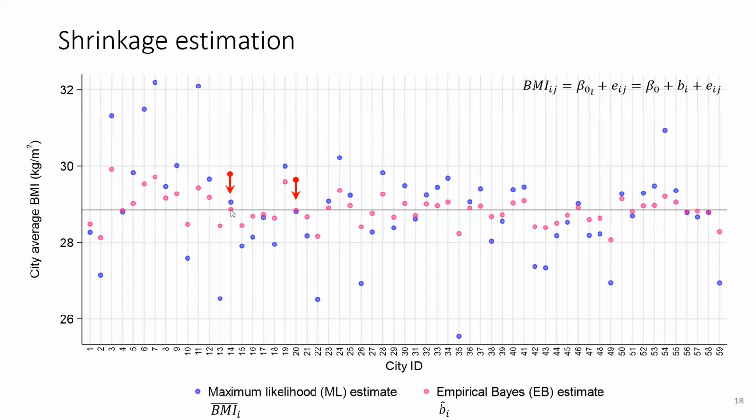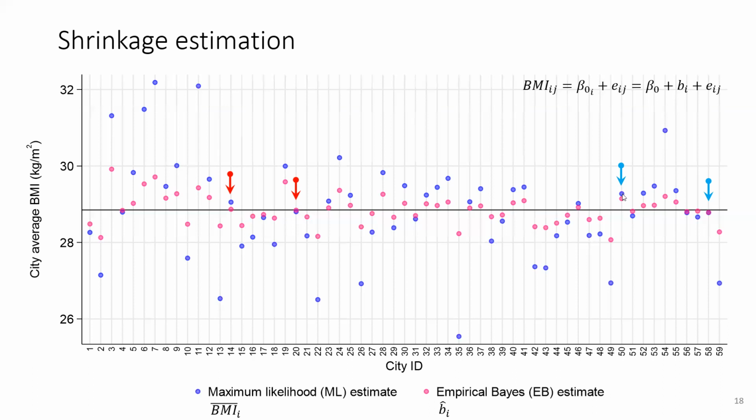And you can see that this estimated mean is very close to the overall mean because it has a very small number of samples. And when we look at the cities that had a large number of samples, well, 58 had more than 900, and city 50 had more than 200.